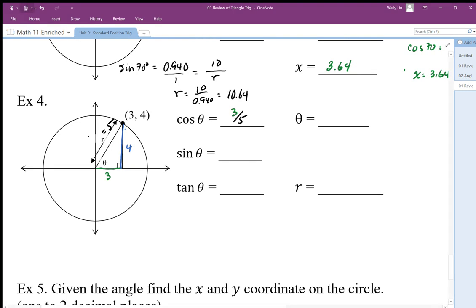The exact value of the sine ratio is going to be 4/5. And the tan ratio, or the slope, is going to be rise of 4 over a run of 3.